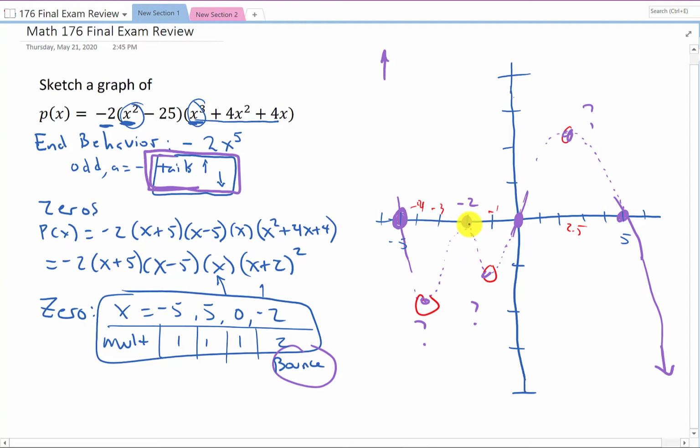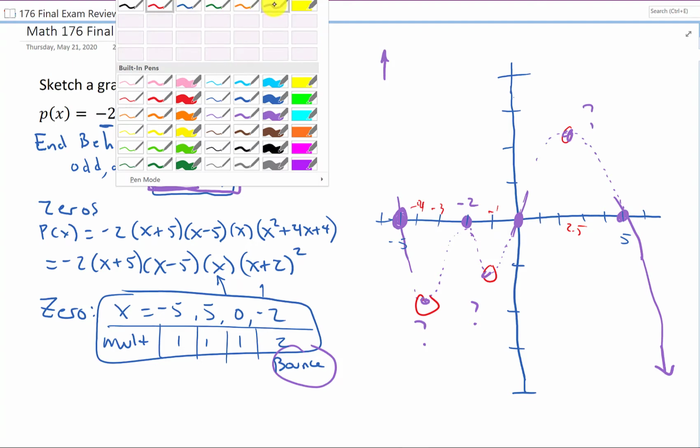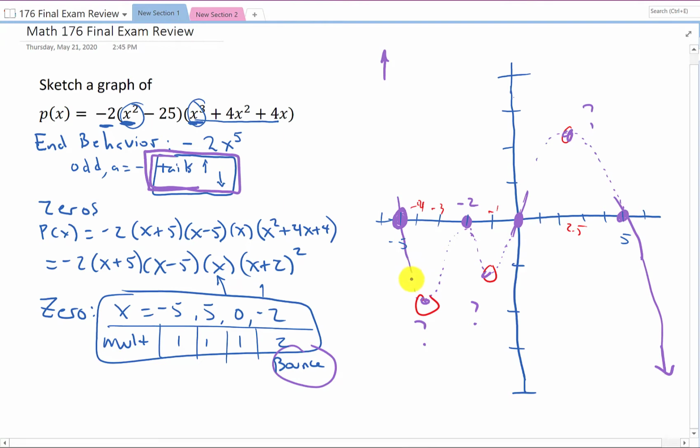But I'm not going to detail that out. So for sketching purposes, remember, we're not drawing a perfect graph here. We're just sketching. So I'm going to say it does something like this. It bounces straight through, comes up, straight through, and now I have a reasonable sketch of my graph.